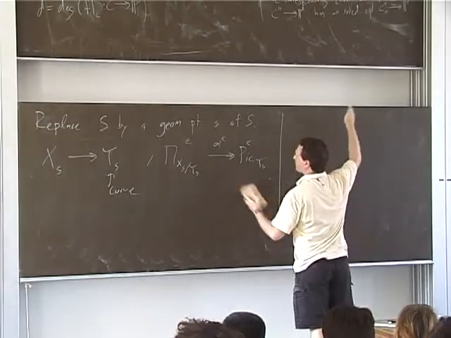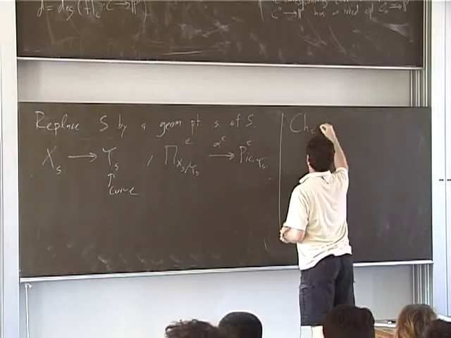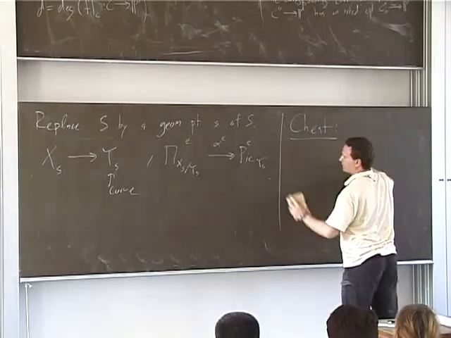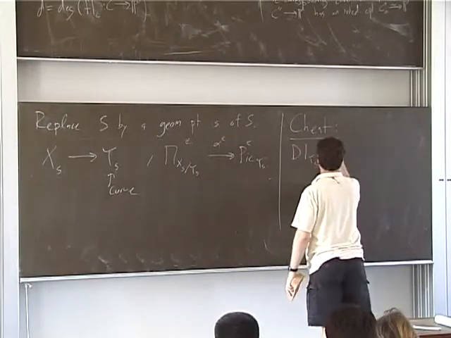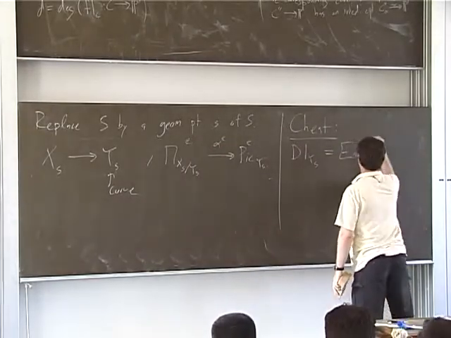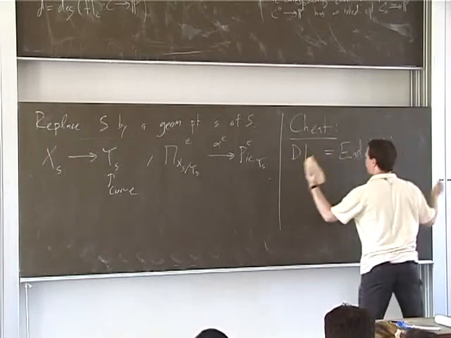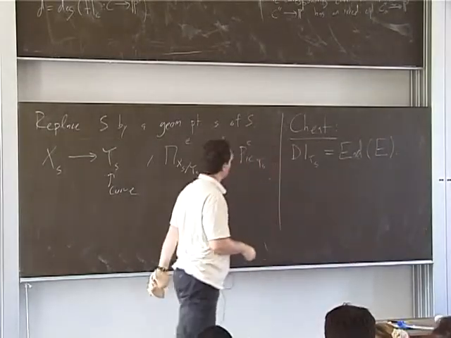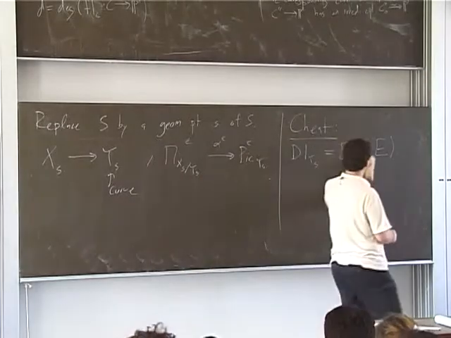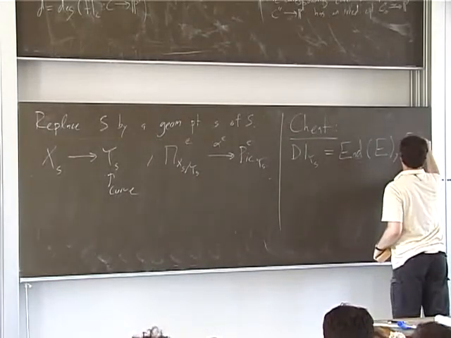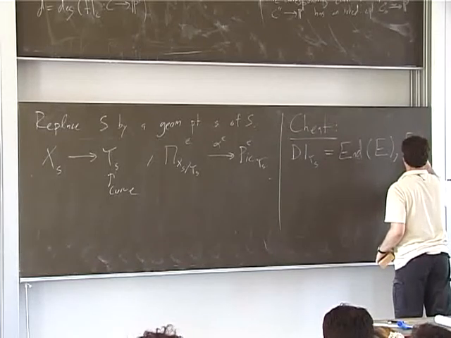That's going to hold for the Grassmannian, but let me just cheat because we're out of time and I want to finish this up. The point is that D restricted to Y_s is End of a vector bundle by Tsen's theorem. I mean, division algebras, central simple algebras over the function field of a curve are all just matrix algebras. So this is End of some vector bundle, a rank n bundle.